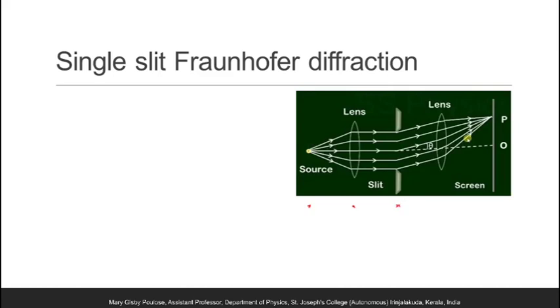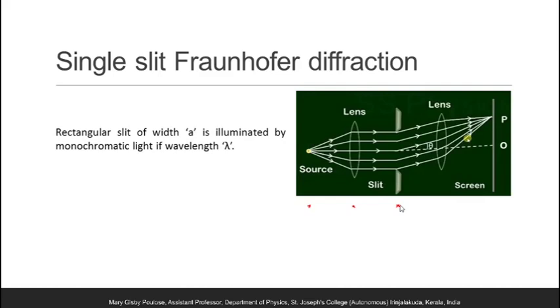So the slit sees parallel rays coming towards it, and hence it feels that the source light is at infinity. Let the width of the slit be a, and monochromatic light of wavelength lambda fall upon it. Hence, a rectangular slit of width a is illuminated by monochromatic light of wavelength lambda, and here the source is at infinity.